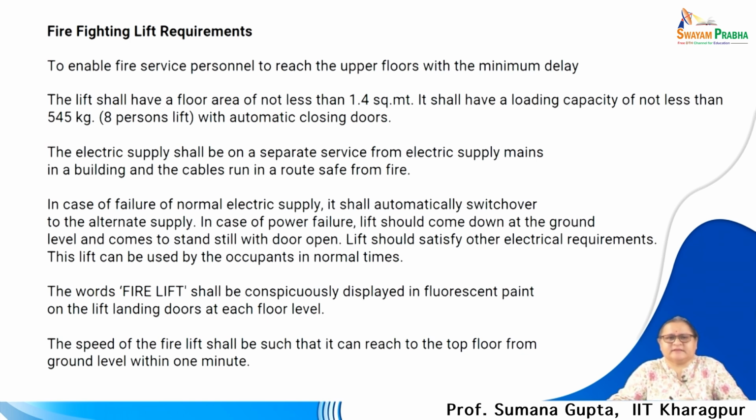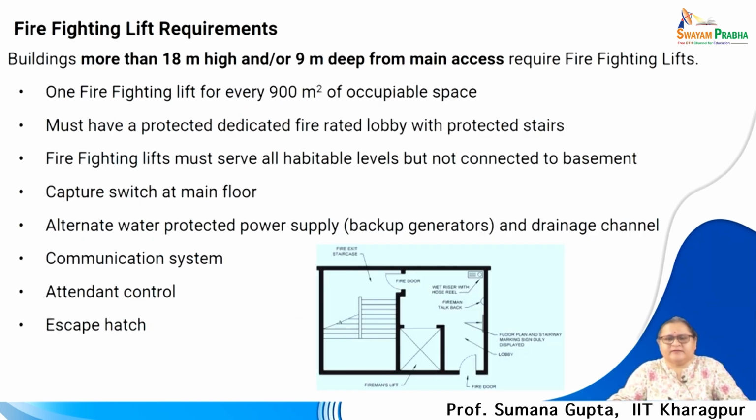Fine. So, this is the fire lift requirement, and if you see, this is also adapted from the NBC. You can see this plan which comes with a staircase and a fire lift, and also you see here a wet riser, hose reel and the fireman talk back. So, the fireman can talk back from here.